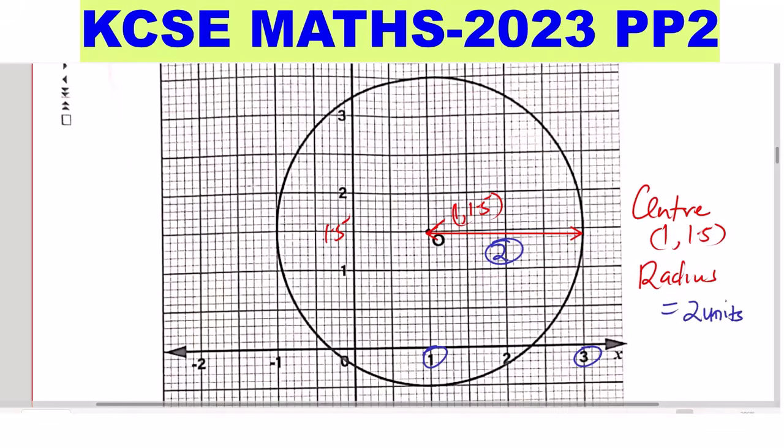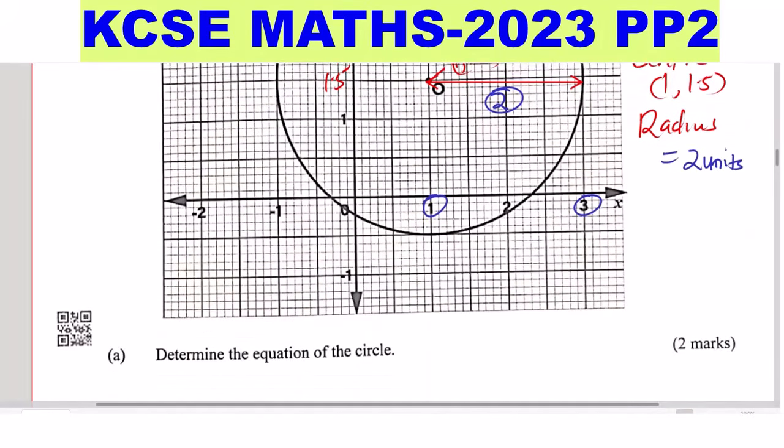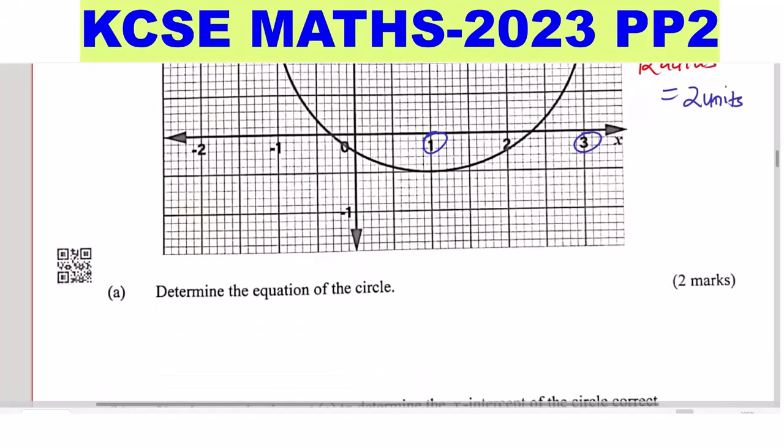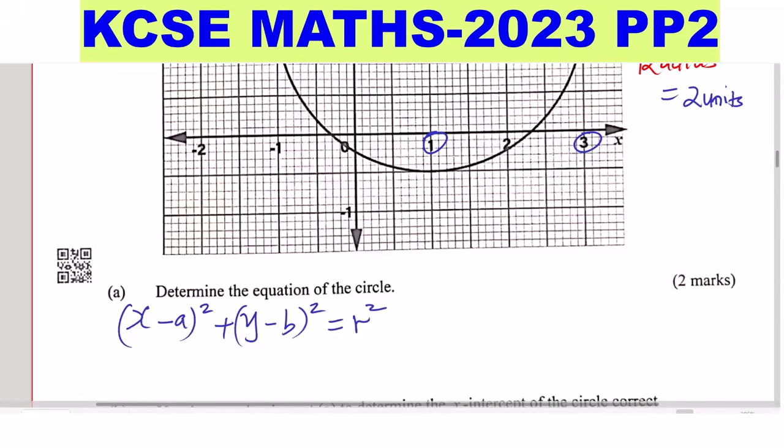So having the center and the radius, we can now proceed and get the equation. We need to understand the standard format of the equation of a circle. It is given by (x minus a) squared plus (y minus b) squared is equal to radius squared, with center (a, b).